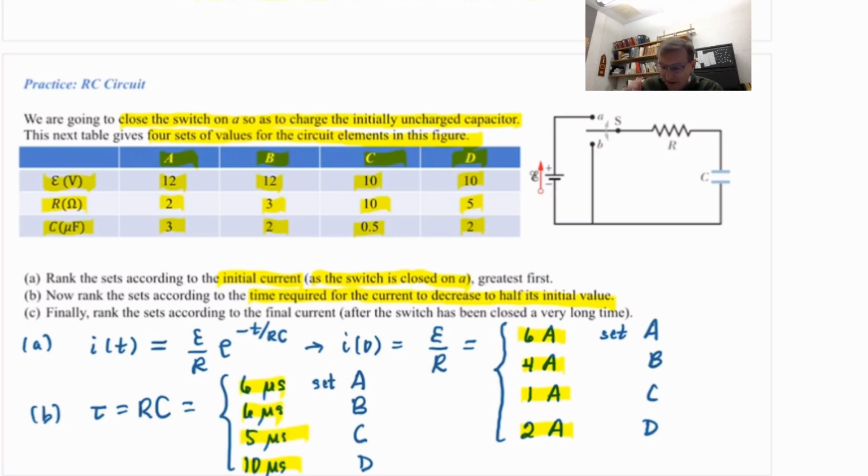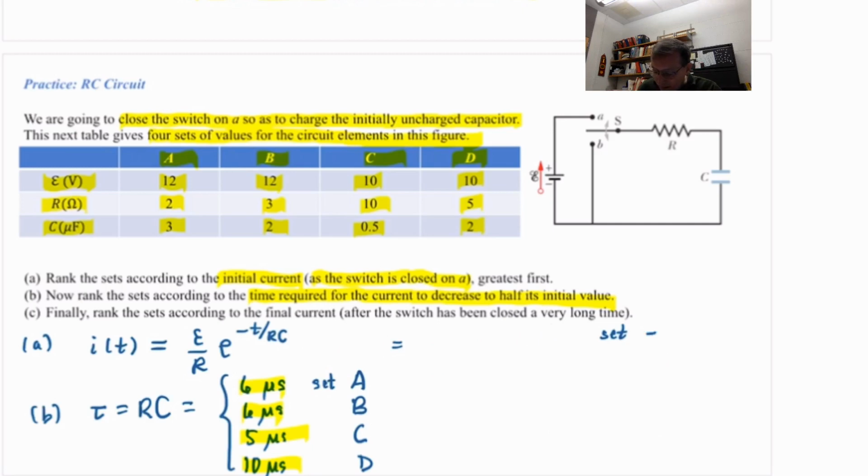Now, I want to explain a little more here, in case you're still feeling like I've kind of done a shortcut answering this. Because what it asks for is the time for the current to decrease to half its initial value. That amount of time is sometimes called the half-life. Let me show you how you could actually calculate that.